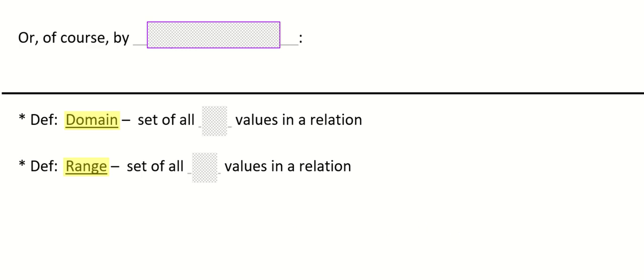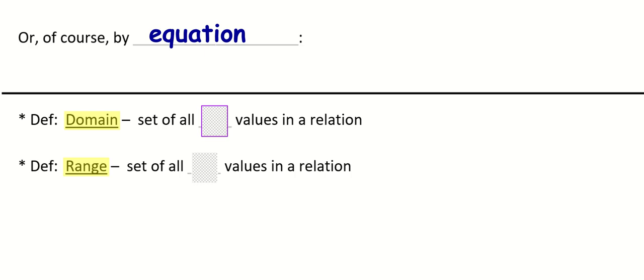Or of course with an equation that involves two variables, normally x and y.